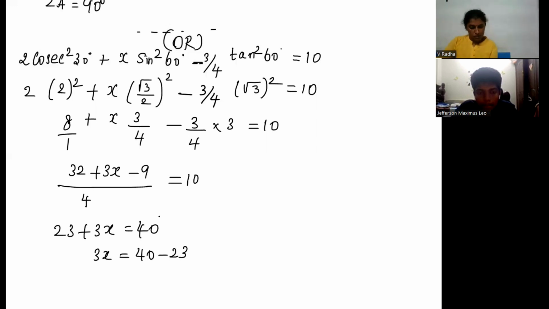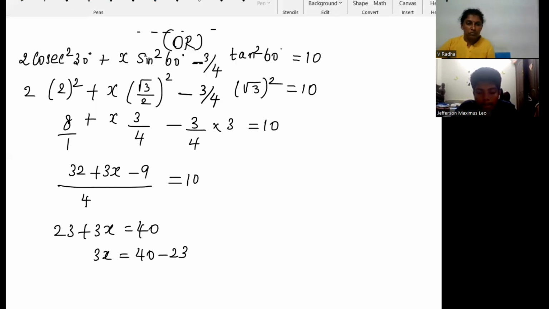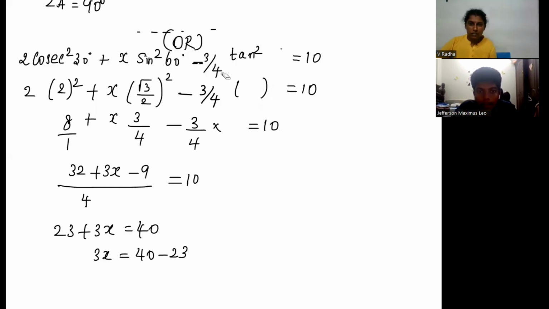I think we made a mistake somewhere. The question has tan 30, not tan 60. Tan 30 is 1 by root 3, and its square is 1 by 3.